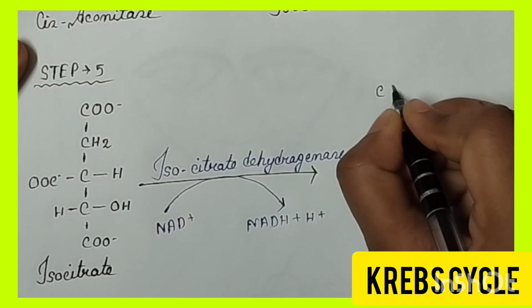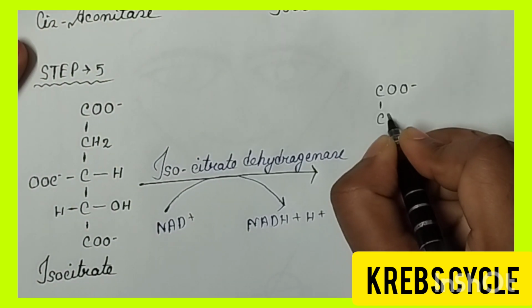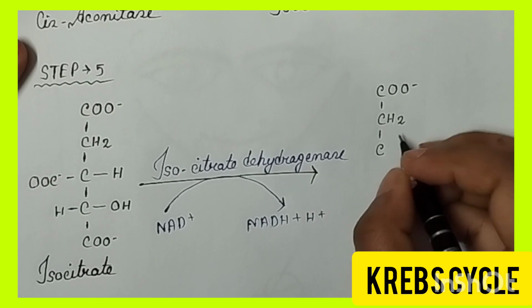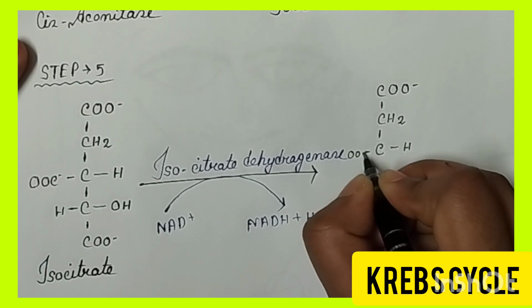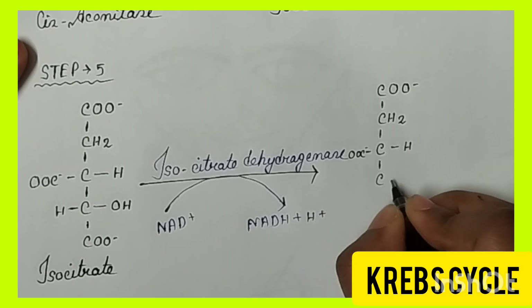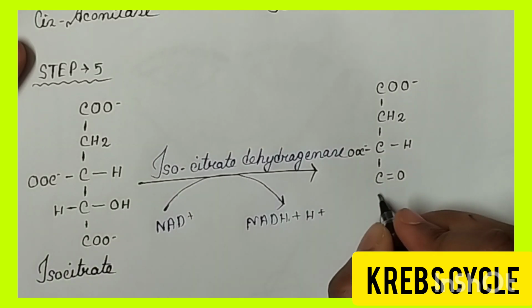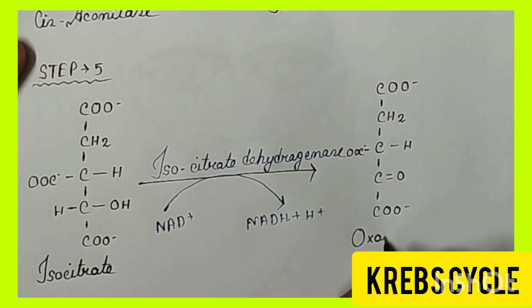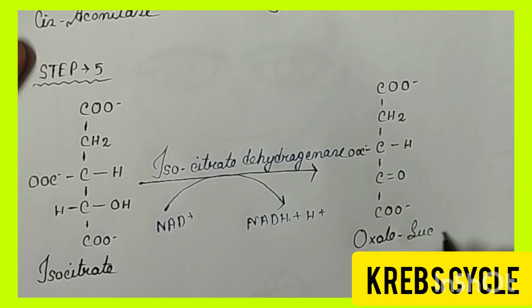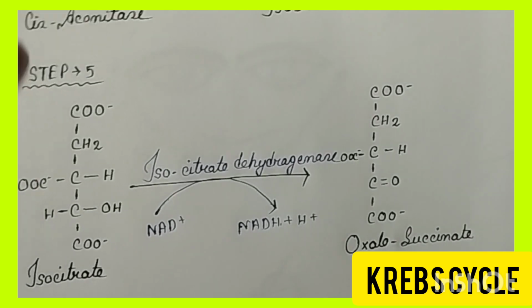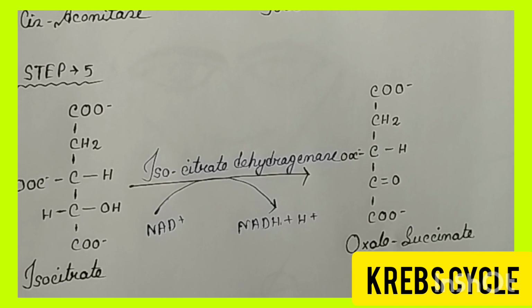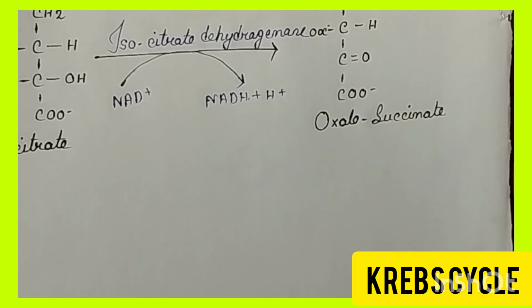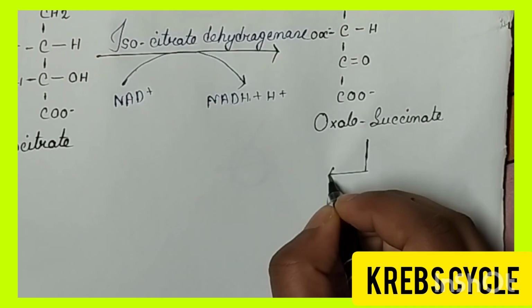And oxalosuccinate is formed, that is a very easy structure. Oxalosuccinate structure. This is the first oxidation step of the Krebs cycle.